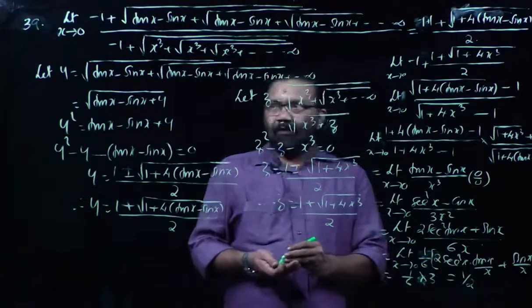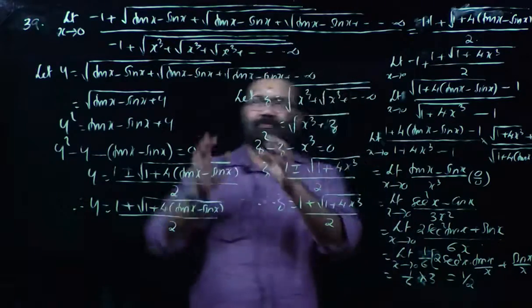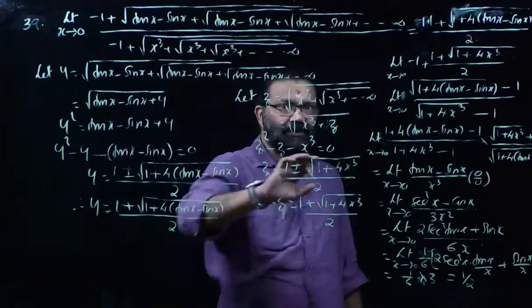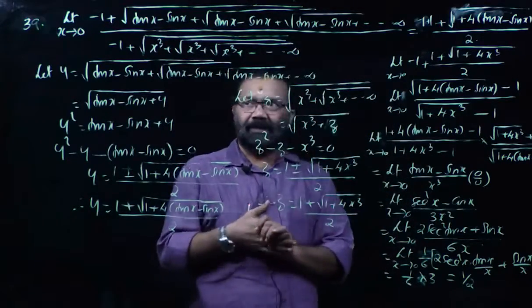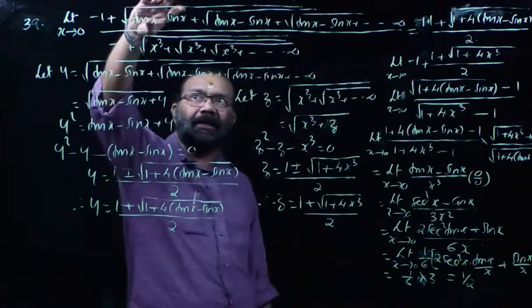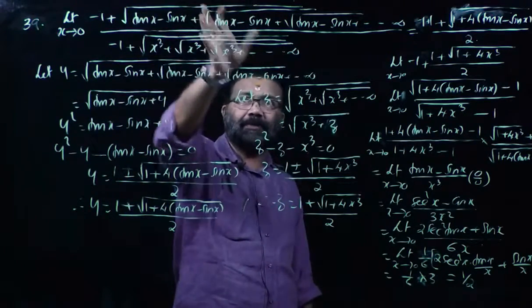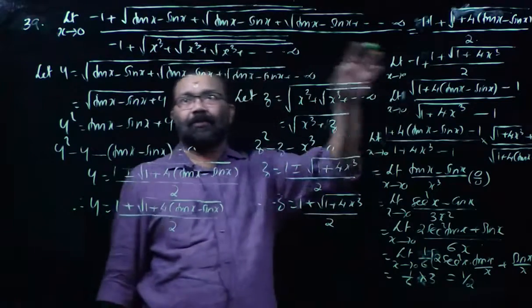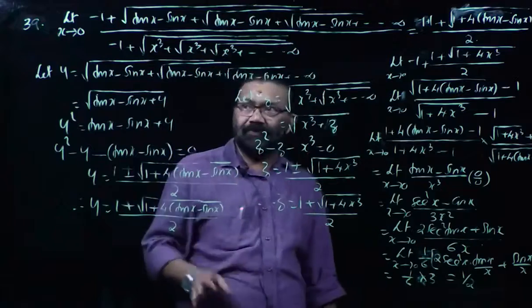So this is one of the advanced level problems. You have to use radicals, you have to use rationalization, you have to use trigonometric limits. So first we are calculating root of tan x minus sin x plus root of tan x minus sin x etc. up to infinity, as well as root of x cube plus etc. up to infinity.